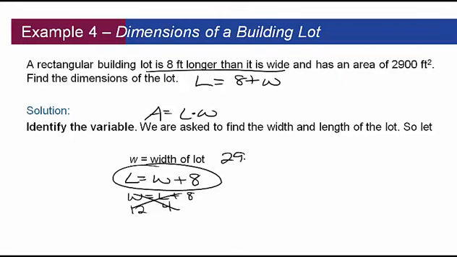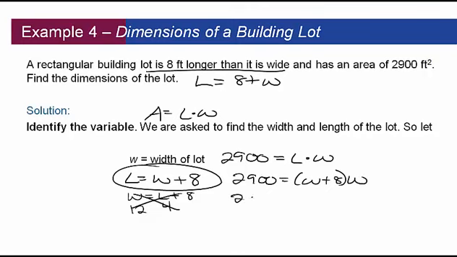So 29,000 has to equal length times width. But we don't want an equation with two variables, so let's substitute. It equals W plus 8 times W, right? Because by substitution here. So 29,000 equals W squared plus 8W.